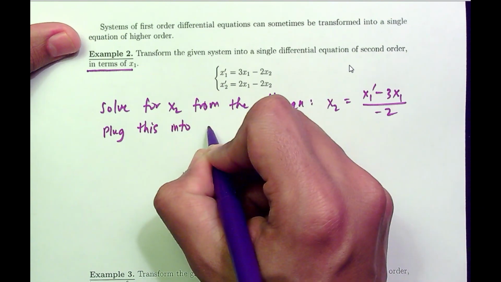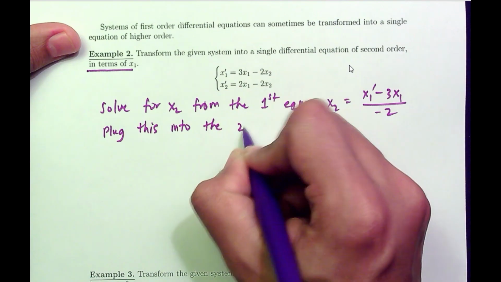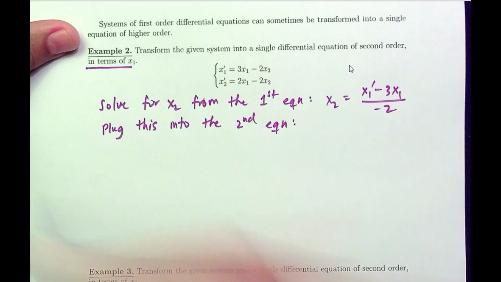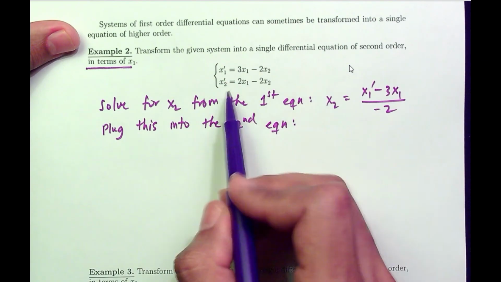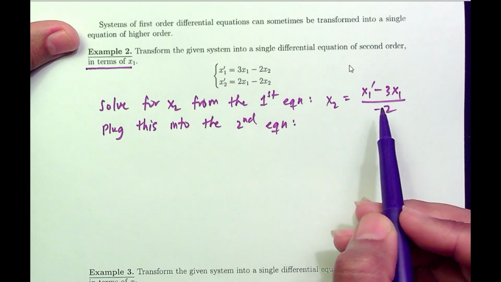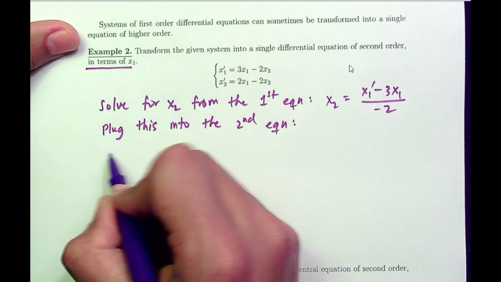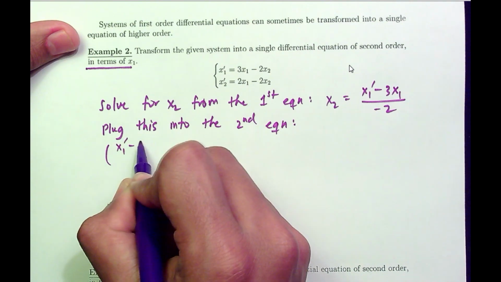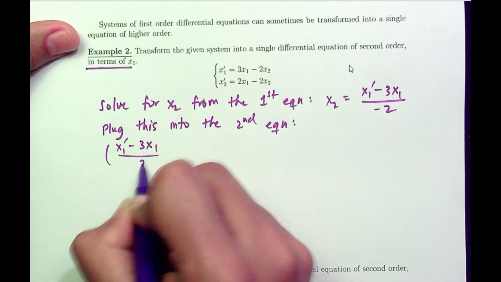Into the second equation. So let's do that. In the second equation, remember, I'm replacing it. Wherever I see x2, I'm replacing it with this. So the left-hand side is going to become x1 prime minus 3x1 over -2, all prime.